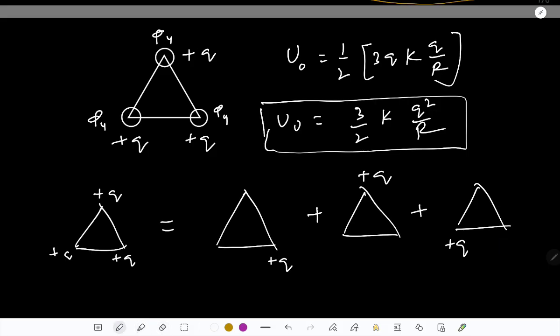The system given in the problem is equivalent to this.